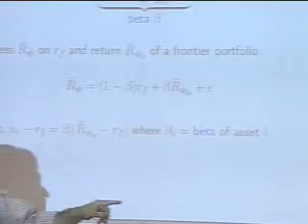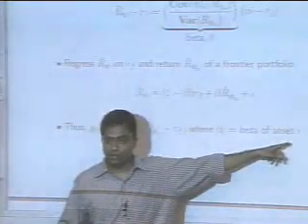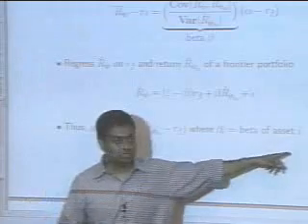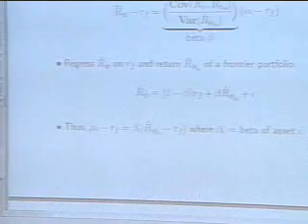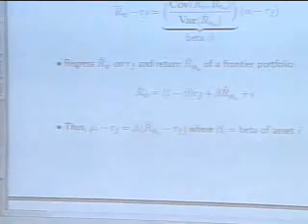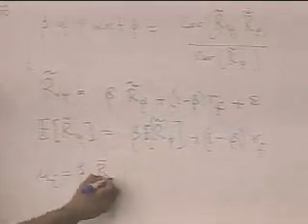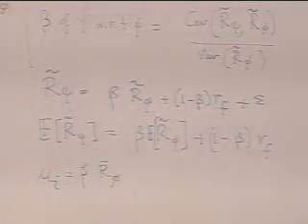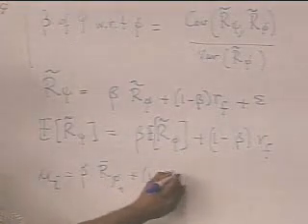If you apply this result to a given asset, so if a particular risky asset is itself a portfolio that invests all its money into one asset, this expression says that the expected return on that asset, mu I, must equal beta times the expected value of the return on that particular efficient portfolio plus 1 minus beta times the risk-free rate.